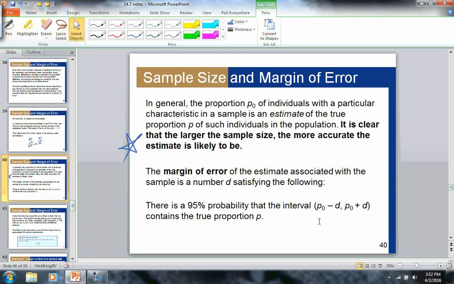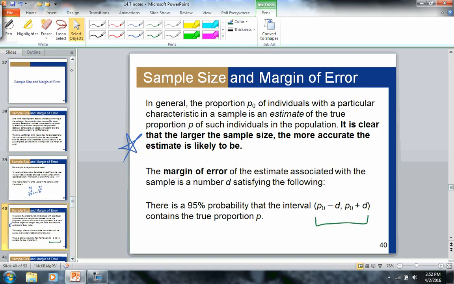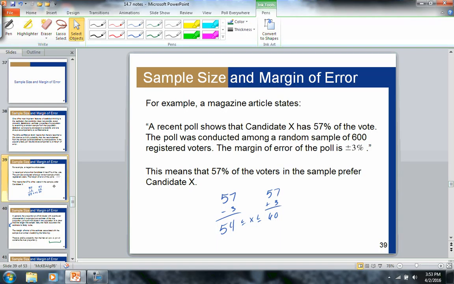Okay, so this interval then, this is a mathematical interval. This is our interval notation. Like I wrote right here, I could write this as an interval. I could say we want everything from 54 up to 60. So that's really the 57 minus 3 all the way up to the 57 plus 3.